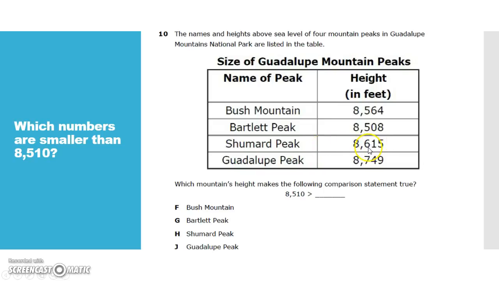I know right away that 8,615 is too large, and I know that 8,749 would be too large. Now look at the remaining answers and determine which one 8,510 is greater than, would it be Bush Mountain or Bartlett Peak?